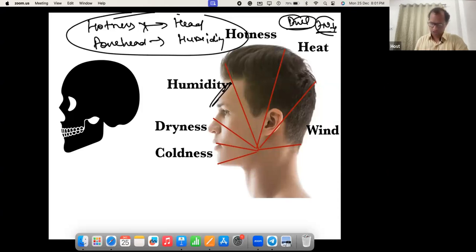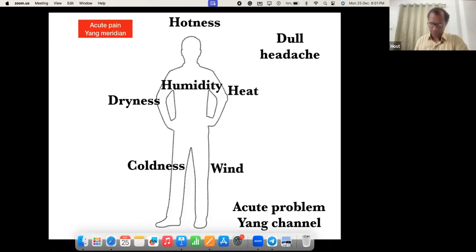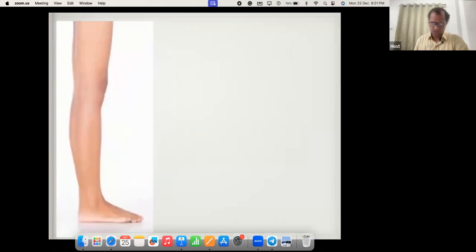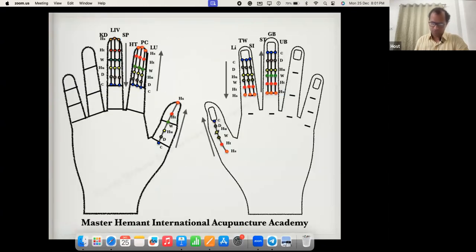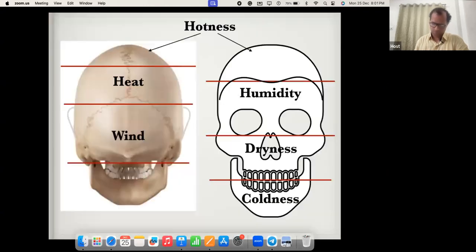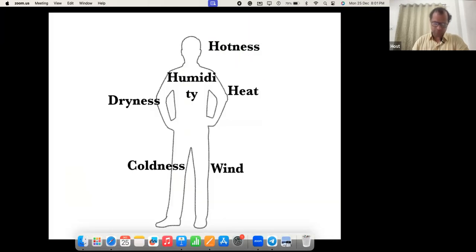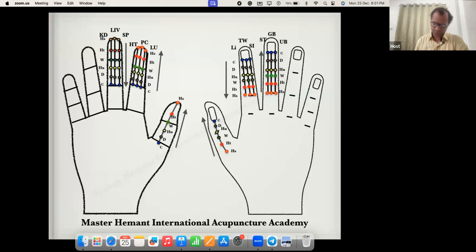Yes. So now when we are planning the treatment, look at here. So step number 1, we are going to the hotness meridian.